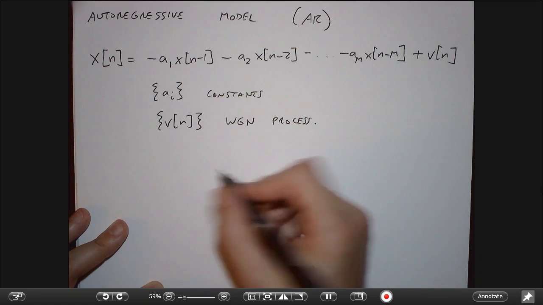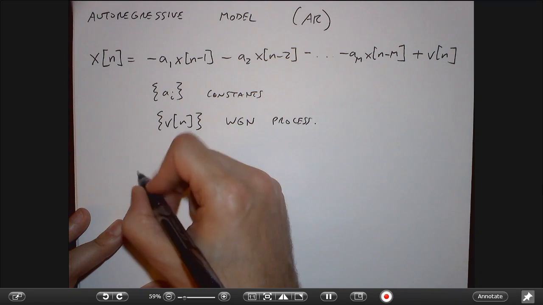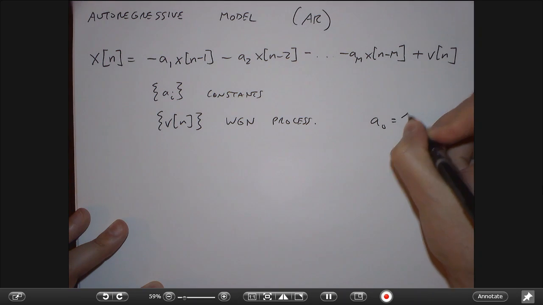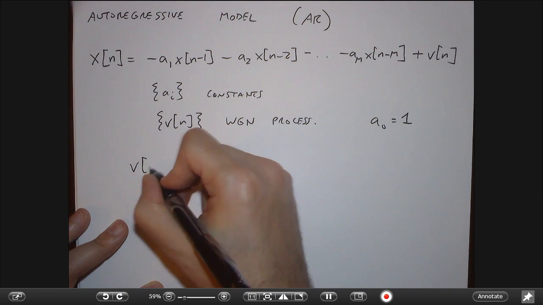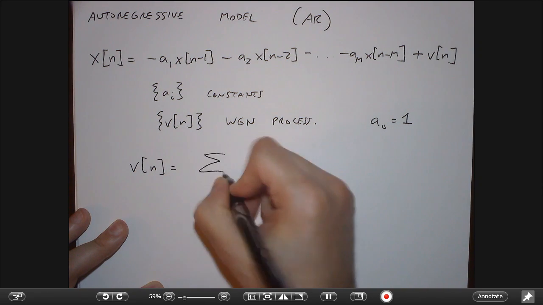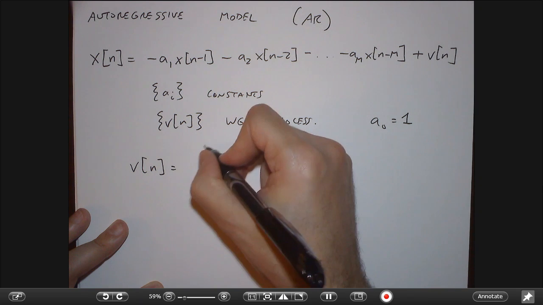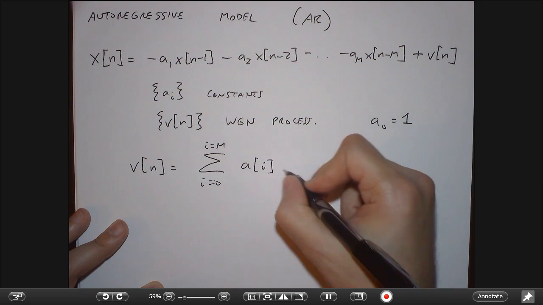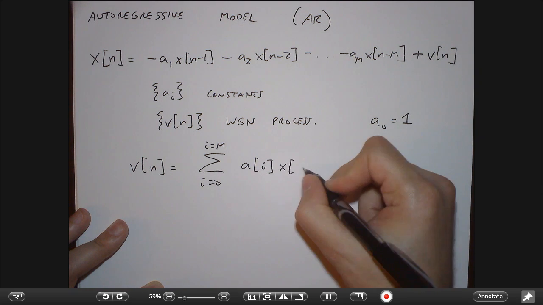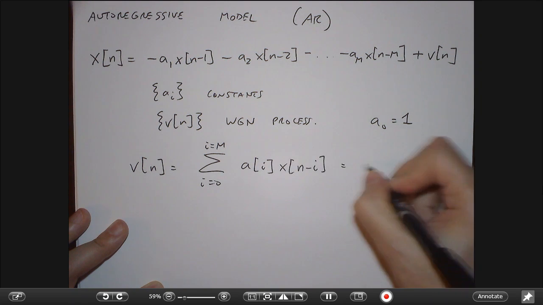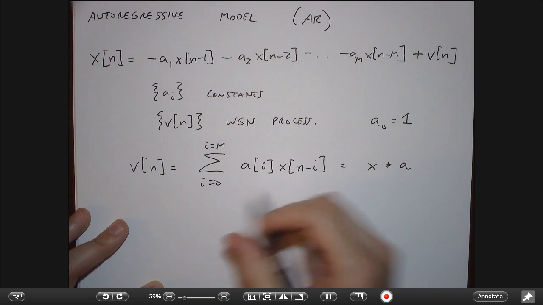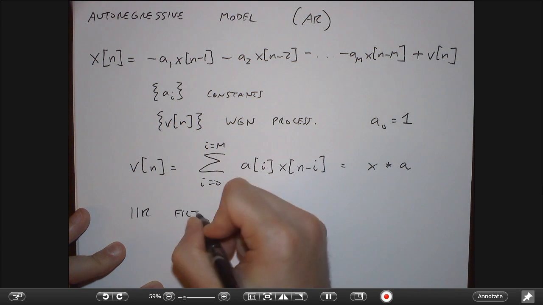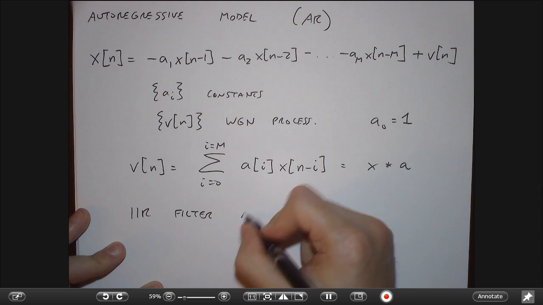A different way of thinking about this is that if I let a0 equal 1, that's like saying that the noise is the convolution of the filter with the signal. So this is basically an IIR filter applied to noise.